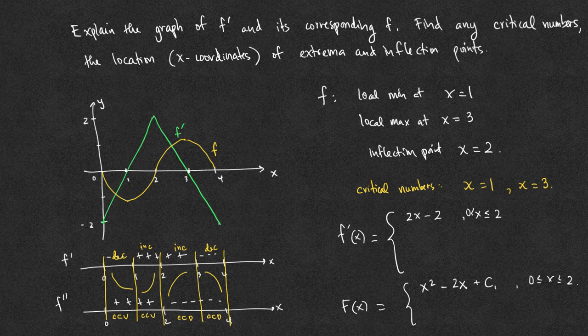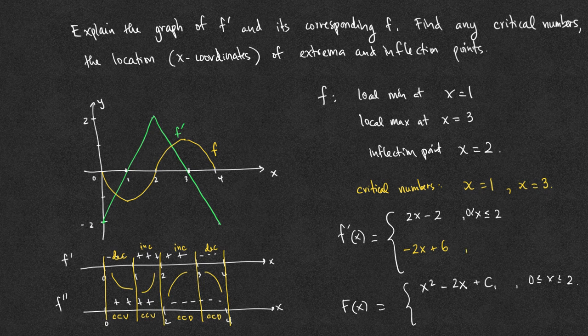From 2 to 4, the formula for f prime is negative 2x plus 6, because when x equals 2, y equals 2. Negative 2 times 2 plus 6 is 2. And when x equals 3, negative 2 times 3 is negative 6 plus 6 is 0. It is a linear equation.